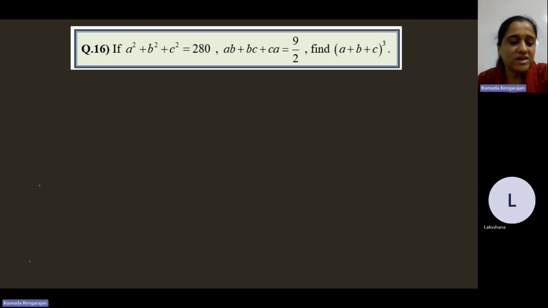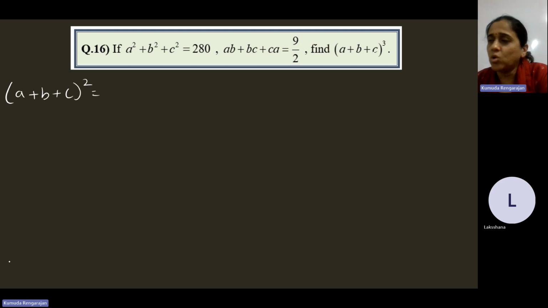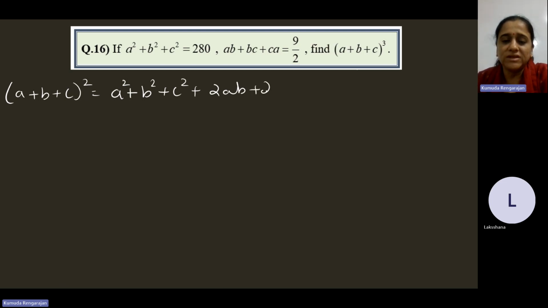The identity which has these expressions is (a + b + c) the whole squared is equal to... see, here it is whole cubed, but don't worry about that. We have all these expressions in this identity. (a + b + c) the whole squared is equal to a squared plus b squared plus c squared plus 2ab plus 2bc plus 2ca.